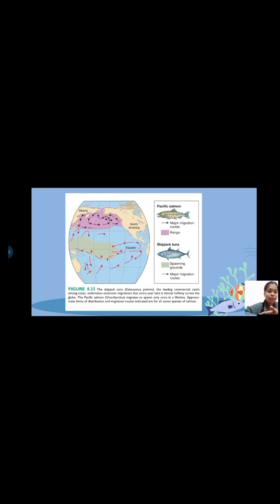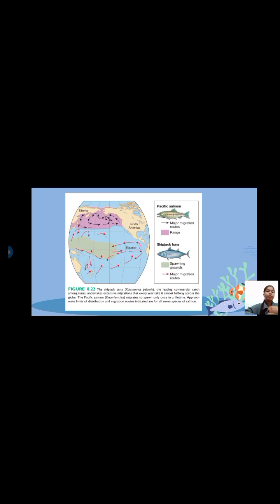The Pacific salmon, on the other side, or the Oncorhynchus, migrates to spawn only once in a lifetime. So, approximate limits of distribution and migration routes indicated are for all 7 species of salmon. If ang skipjack tuna, mag-migrate sila every year, it is opposite sa salmon.